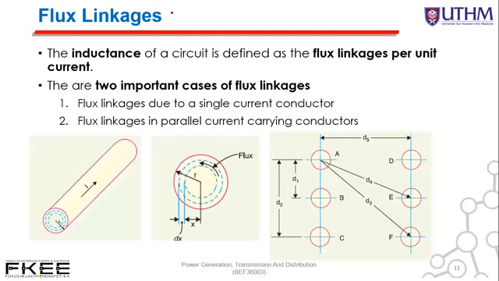The inductance of a circuit is defined as the flux linkage per unit current, according to the basic right hand grip rule. If you use your right hand and grip it, the current flow is like your remaining fingers, and then the flux generated is your thumb.